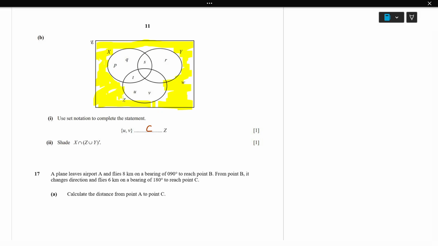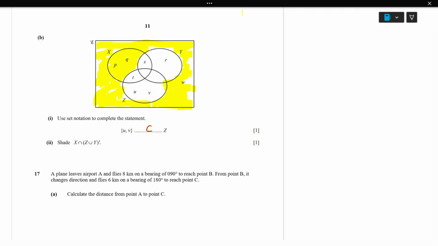This whole area, sorry, this also will be covered, because other than Z and Y, this area also is covered. So we should not touch this B and Z and Y.